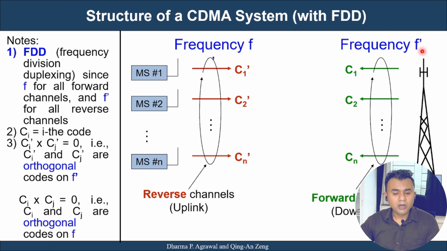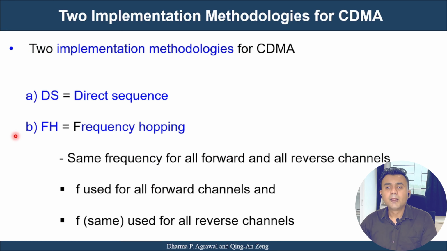This is called frequency division duplexing for CDMA, across different codes, each dedicated to a different mobile station, right?